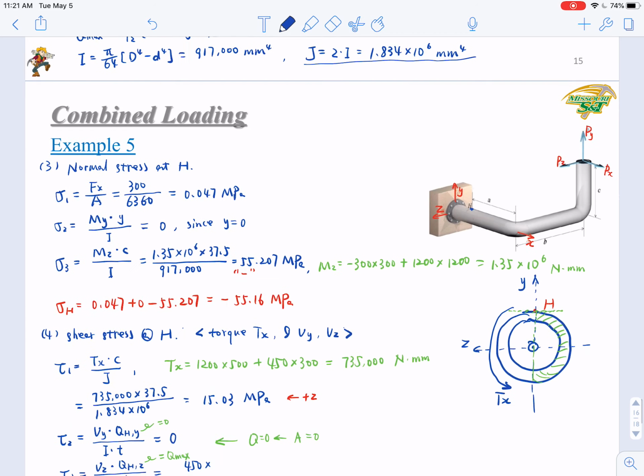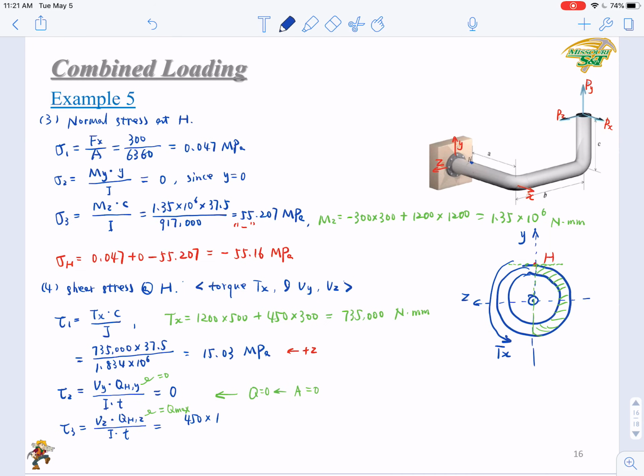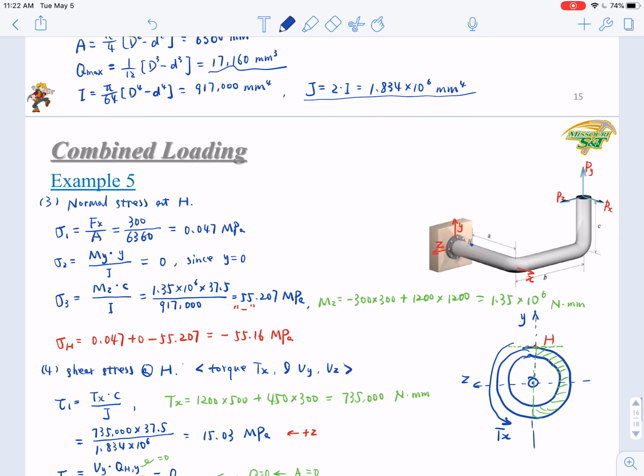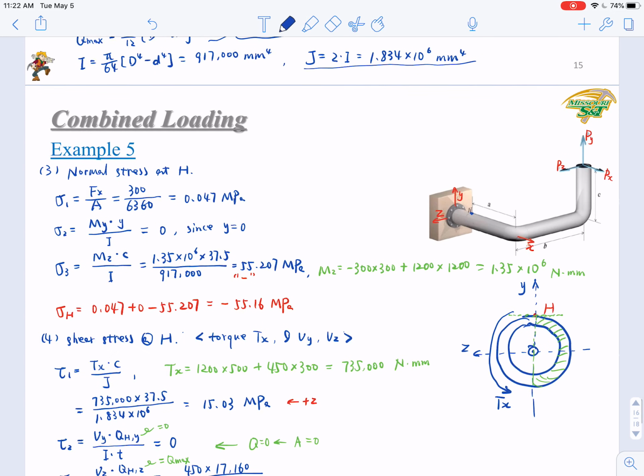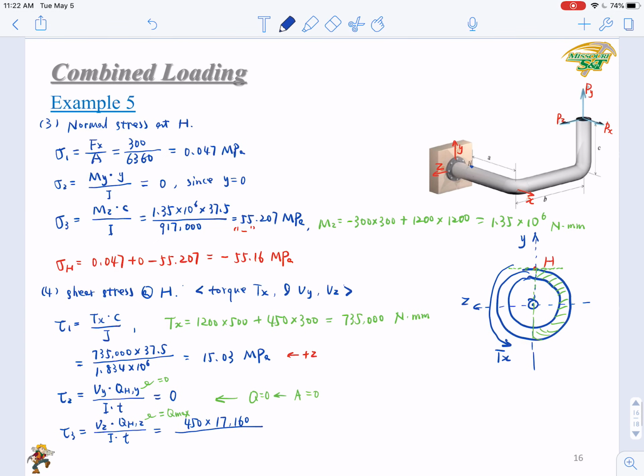It's 17160 over I is 917,000 times the thickness. Thickness is 7.5, but okay, go back to the slides in chapter 7. Here you need a 2, right? For such a case, you need a 2 here.